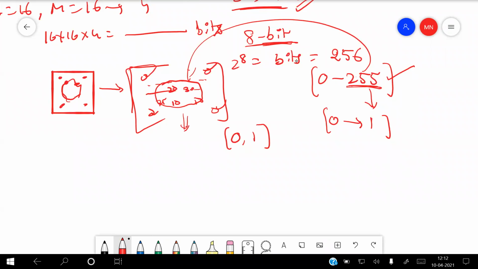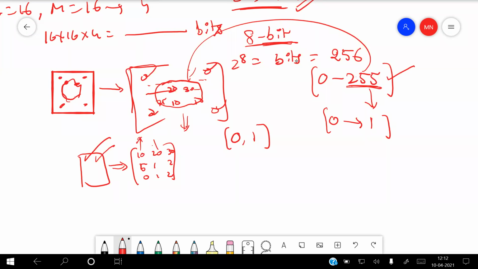Otherwise, one more example. If you have an image and now I want to enhance this image, and the pixel values are 10, 20, 30, 5, 1, 2, 0, 1, 2. I want to enhance the quality of the image, which means increasing all the pixel values.